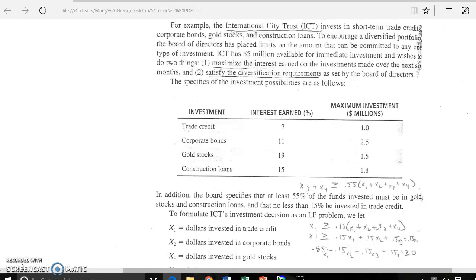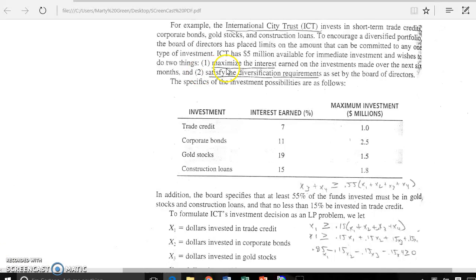The International City Trust invests in short-term trade credits, corporate bonds, gold stocks, and construction loans. To encourage a diversified portfolio, the board of directors has placed limits on the amount that can be committed to any one type of investment.